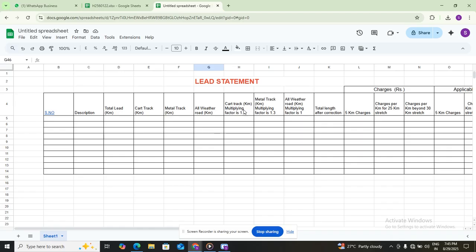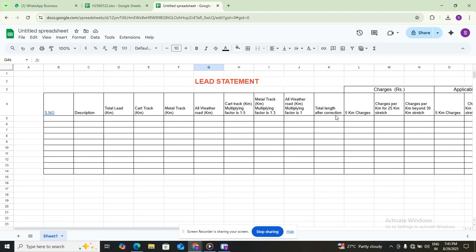Similarly, for the metal road we consider 30% more than the all weather road. The all weather road factor is one, because the road is good, smooth and comfortable. That's why we consider factor one.